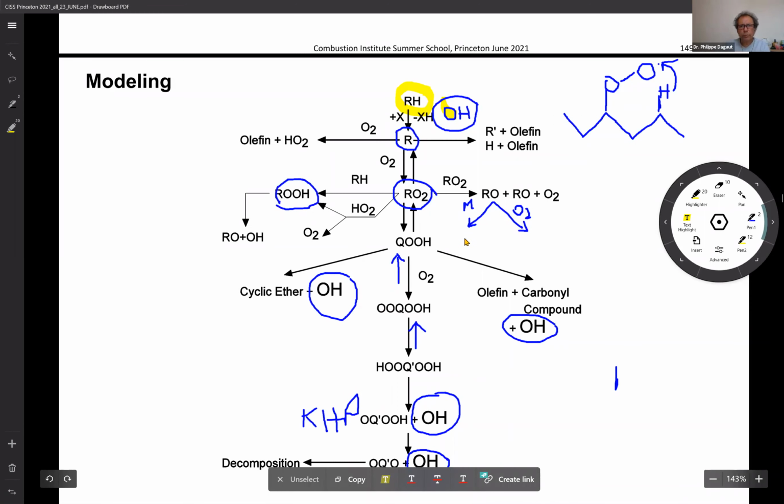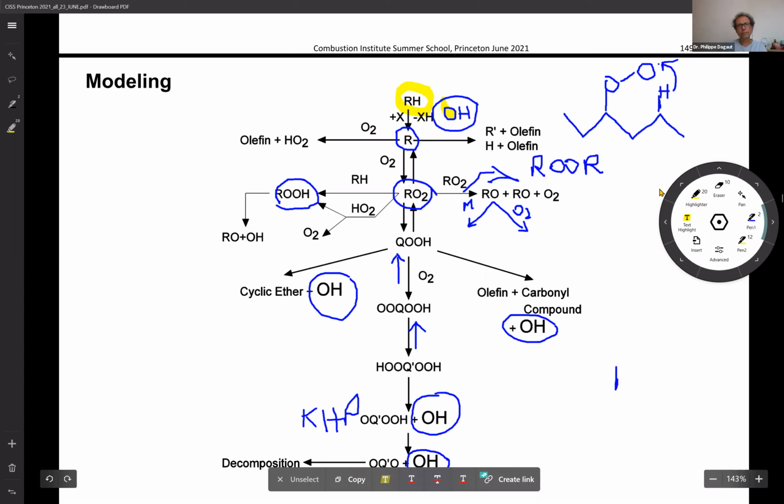There is another route which is not written here. So beside the fact that they can produce RO plus RO, this reaction can also produce ROOR, an organic peroxide, which can in turn decompose and produce those species.